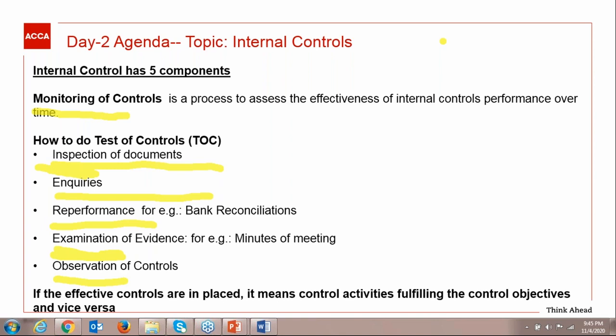Now the hero comes to this department, and he will inspect the documents to ensure that all invoices are approved by the finance director. If the invoices are not approved by the finance director, it means that the controls are just part of the copy. It is not implemented in the real sense.